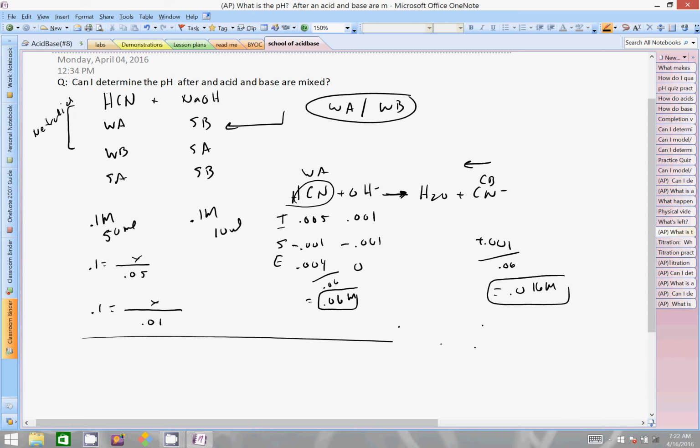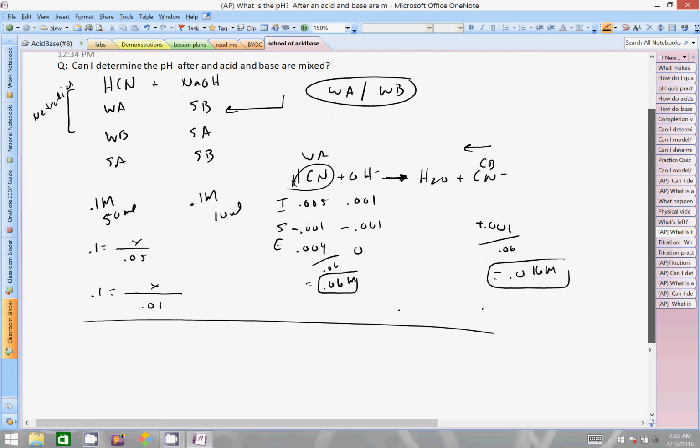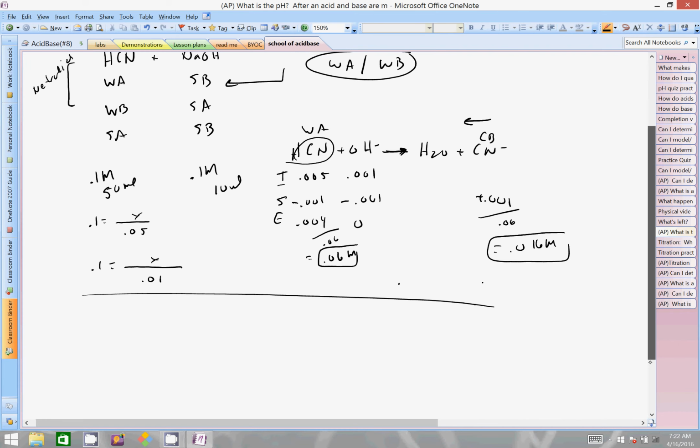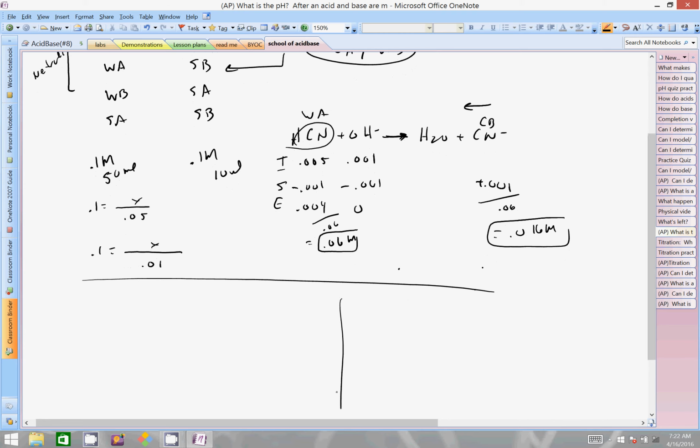Okay, so now this is the neutralization half. The second half is hydrolysis, where the acid hydrolyzes to form H3O plus ions, and the base hydrolyzes back to produce hydroxide. So I have two options here. I have the acid equation that's taking place, or I have the base equation that's taking place.